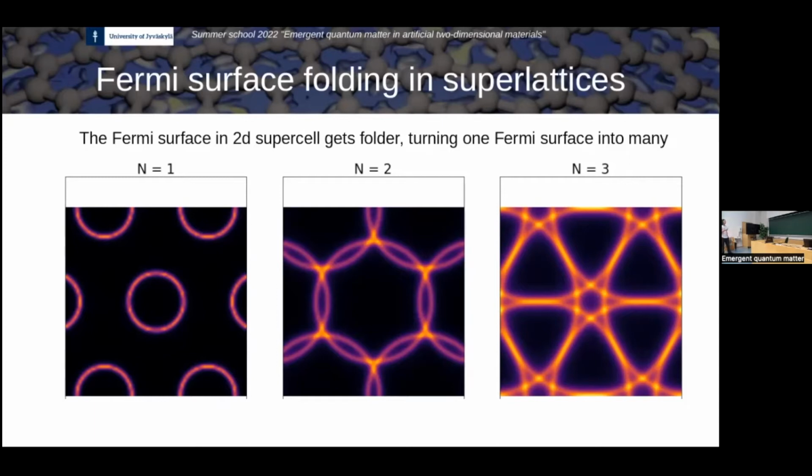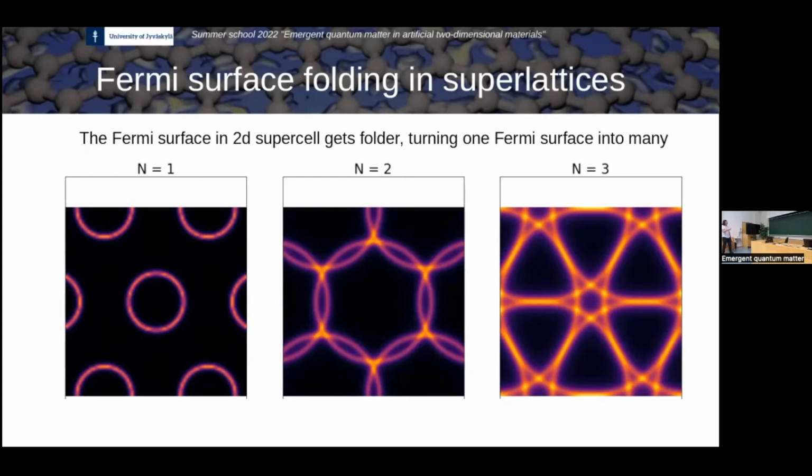Now, if you start making bigger and bigger supercells, in the very same way that your electronic structure folded itself and you got more bands, your Fermi surface is also going to fold and appear several times in your reciprocal space. So essentially, if you start with this Fermi surface for the minimal unit cell, once you make a 2x2 unit cell, your Fermi surface looks a little bit more complicated.